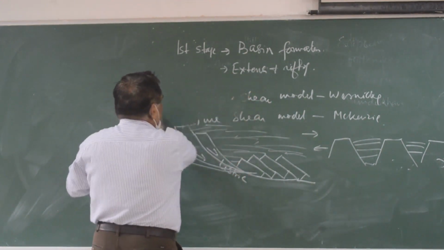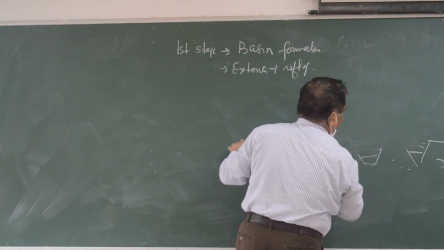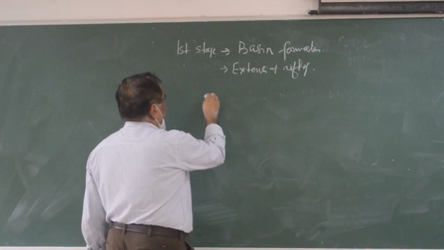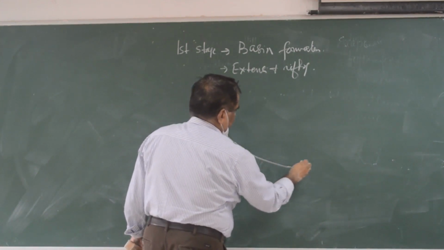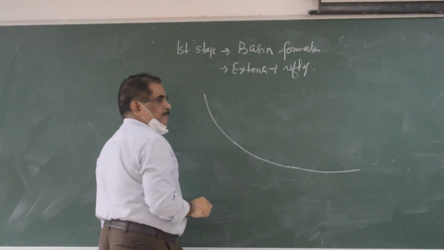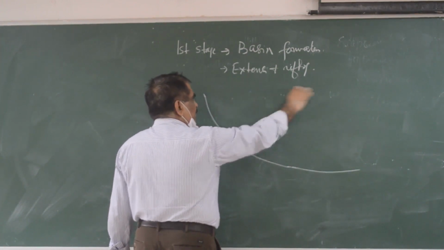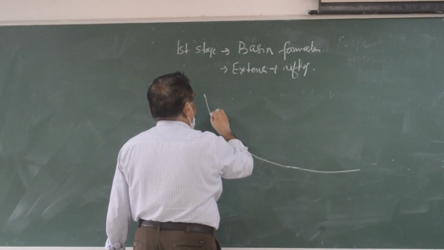Now, let us see in the simple shear model what happens. Suppose this is the detachment. So what happens? The cover or the basement or the granitic crust is bent like this.